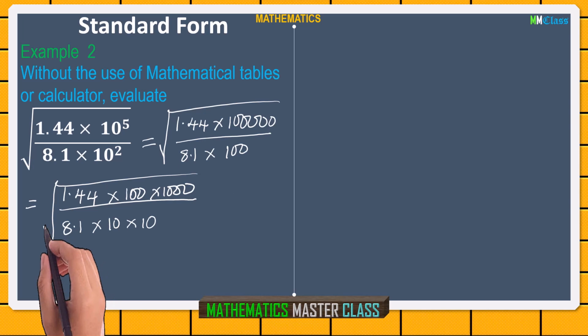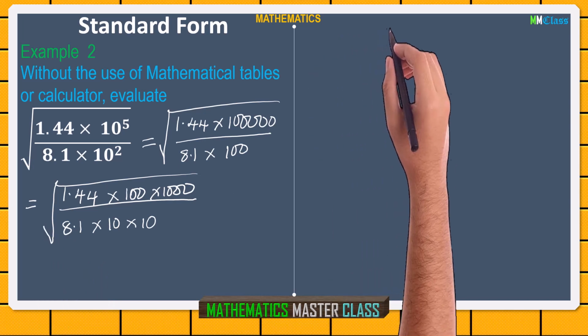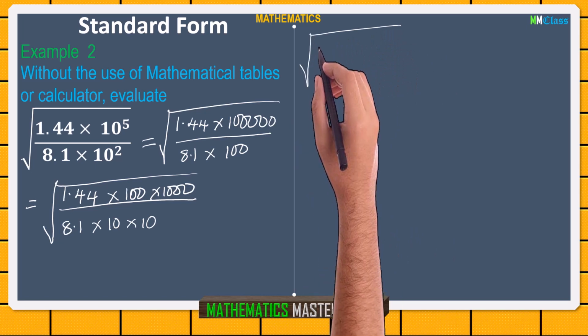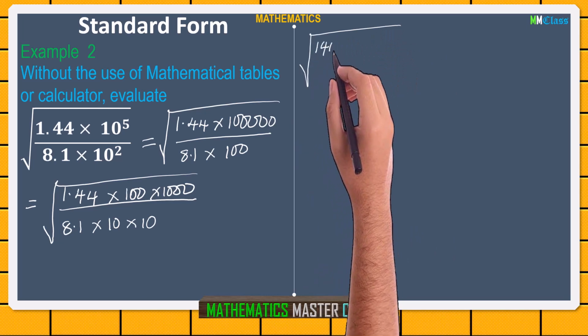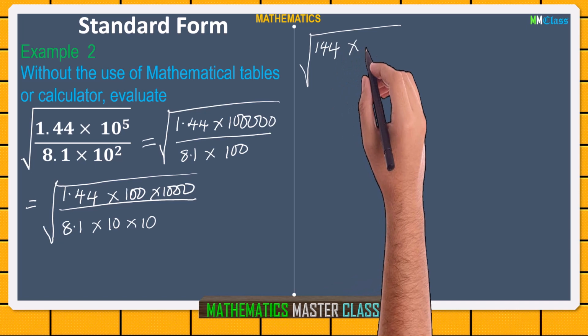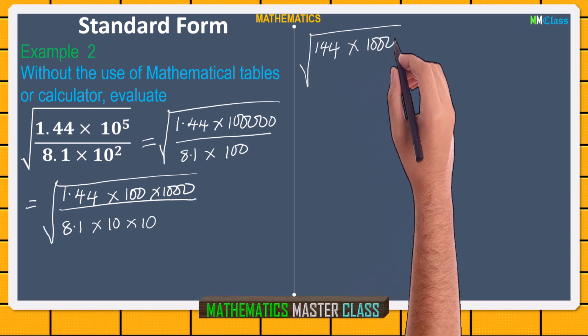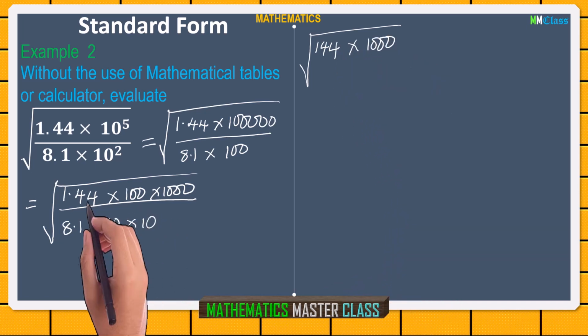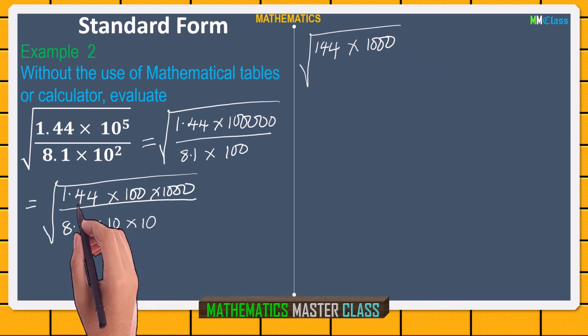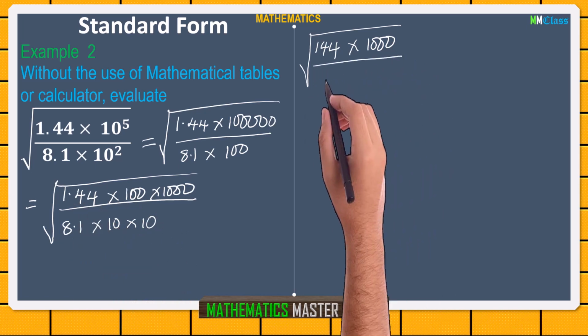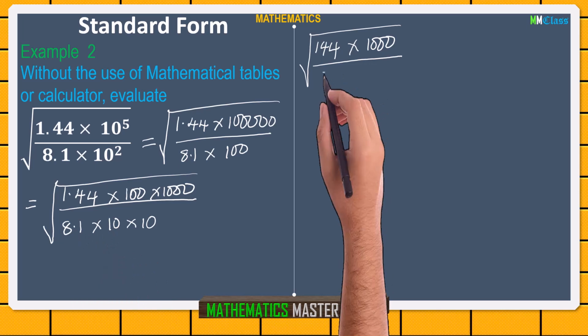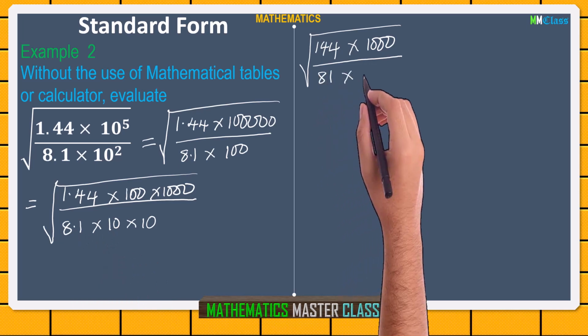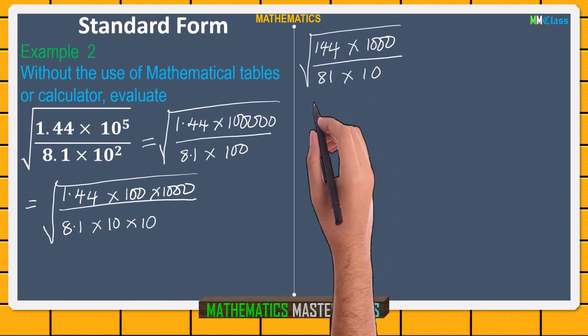So if we continue with our calculation, we are going to have the square root of 144 times 1,000, because if this multiplies this, it will become 144 all over. Then 10 times this one will give us 81 times 10 again.